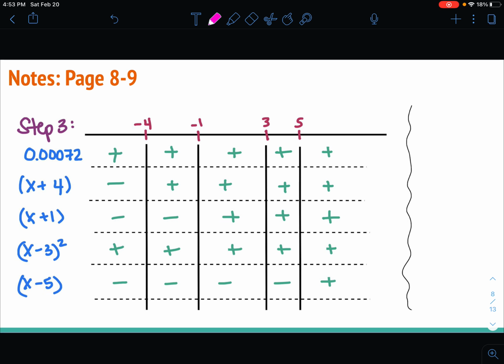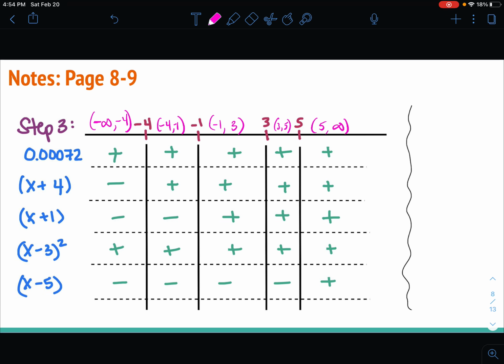Step 3, take a look at this and see if you can figure out what is going on here. These are different regions. This is going from negative infinity up to negative 4. This is from negative 4 to negative 1, negative 1 to 3, 3 to 5, and the last region is 5 to infinity. Each region is broken by that x-intercept.